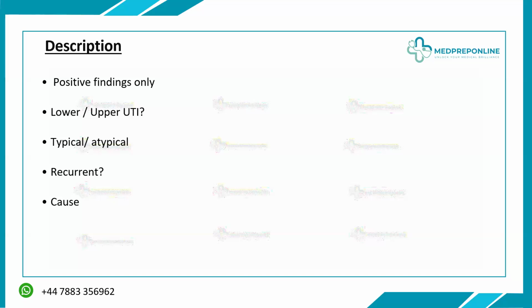These all suggest the atypical UTI. And the recurrent UTI, as I have already explained, if there are three or more than three episodes of UTI in 1 year, or even two or more than two UTIs and one of those UTIs was pyelonephritis, these suggest the recurrent UTI.